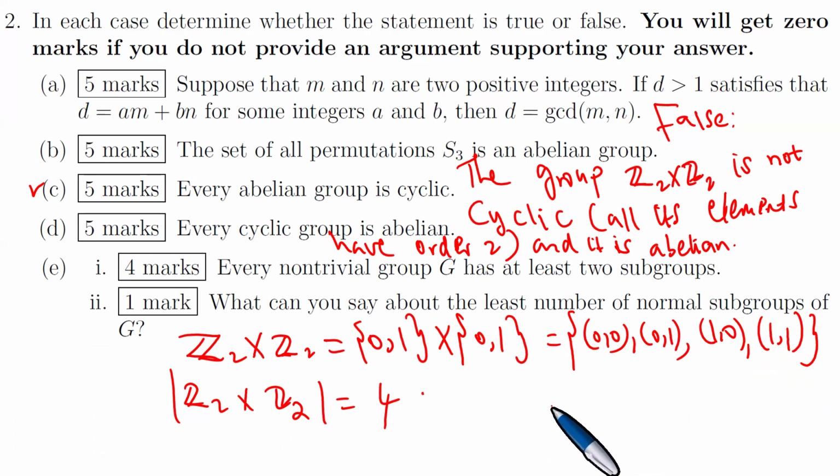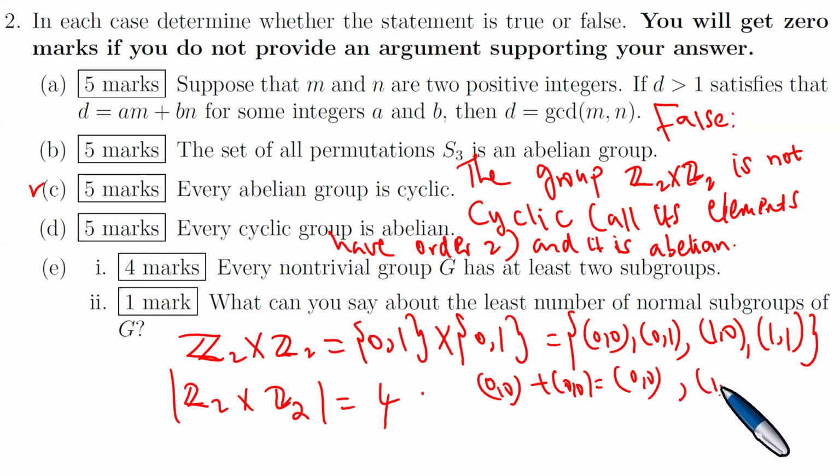Well, obviously, we can add (0, 0) to itself: (0, 0) plus (0, 0) is (0, 0), component-wise addition. Now, what about (1, 1)? (1, 1) plus (1, 1) is (2, 2), and (2, 2) is (0, 0) modulo 2.